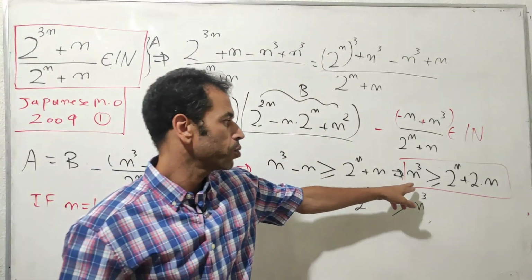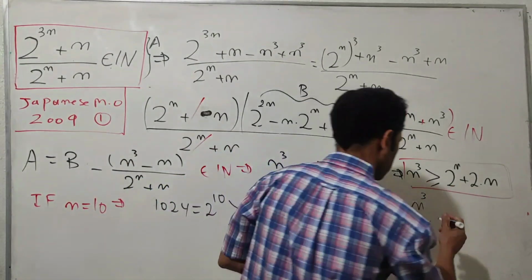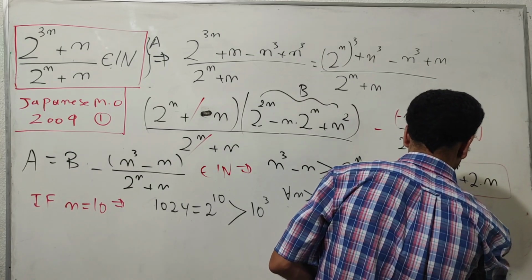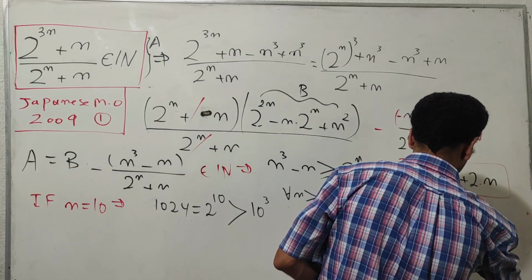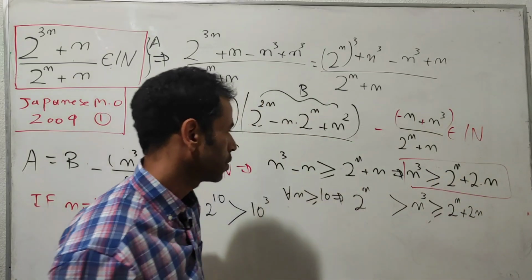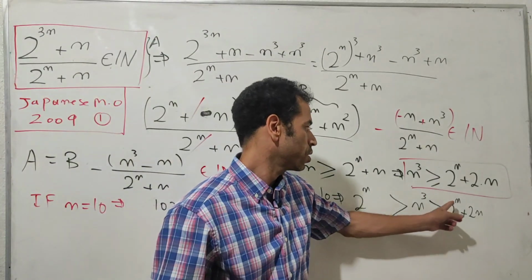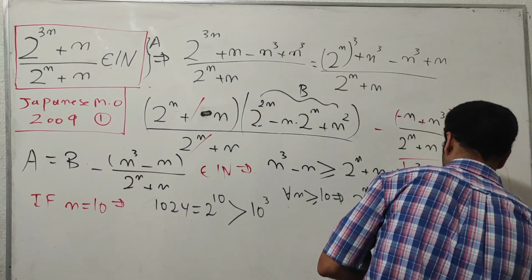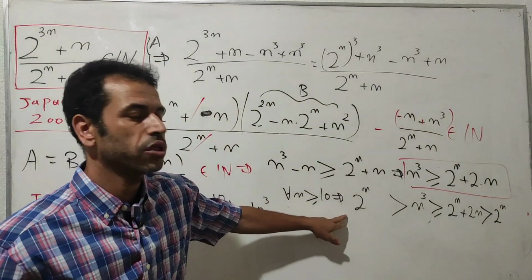But we have n cubed is bigger than this one, 2 to the n plus 2n. But as we see here, this term is strictly greater than 2 to the n. It's clearly a contradiction.